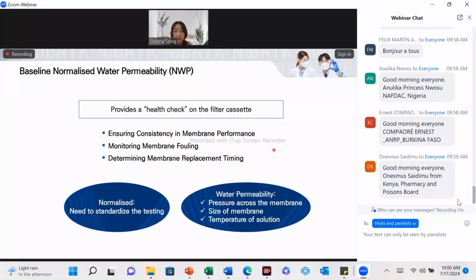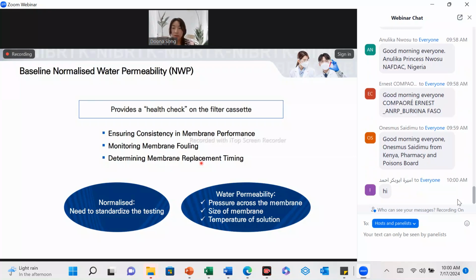And next, determine membrane replacement time. By keeping track of NWP, we can figure out how long the membrane will last. If NWP drops below a certain level, it's a sign the membrane is no longer performing well and needs to be replaced.